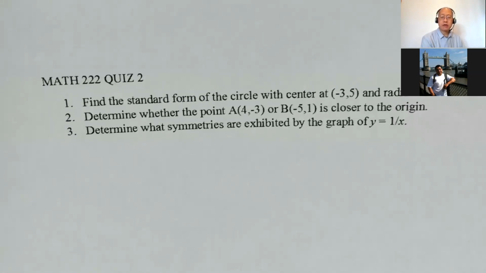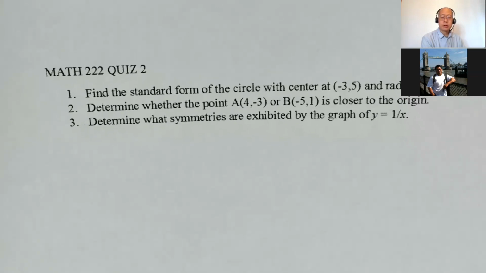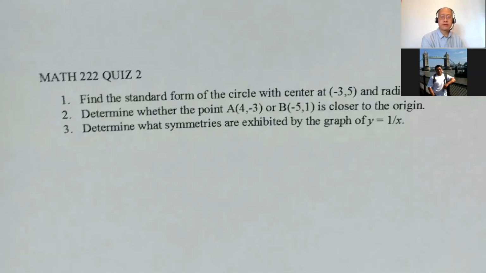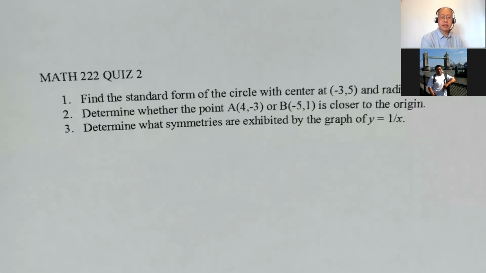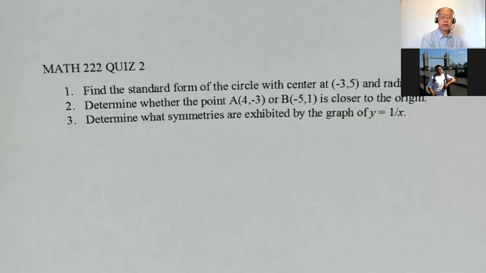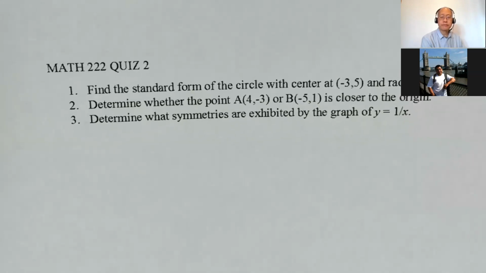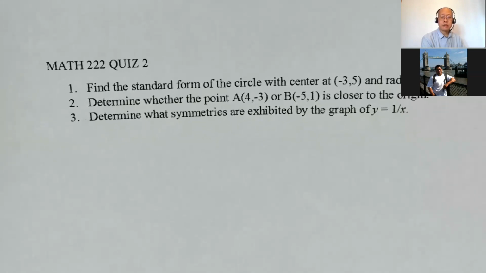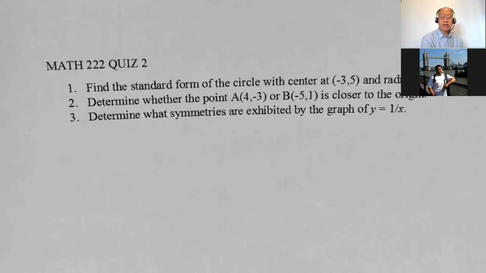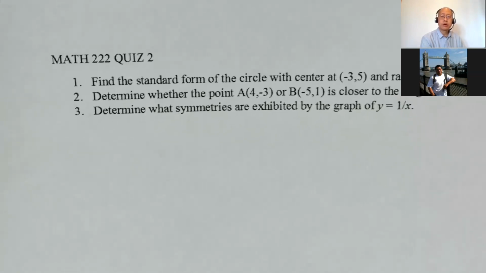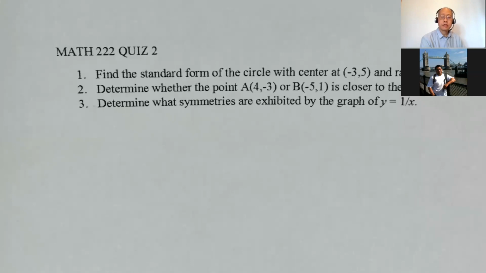So I'm practically telling you what to do for all of them. Number 1, look up the formula for the equation of a circle, and you pretty much just plug it in. Number 2, check the homework, and I think we did something like that in class. Which one is closer to the origin? And number 3, does it have x-axis symmetry, y-axis symmetry, or origin symmetry?